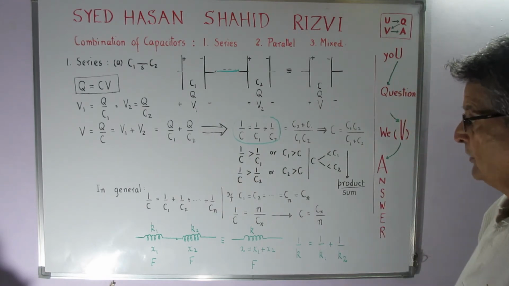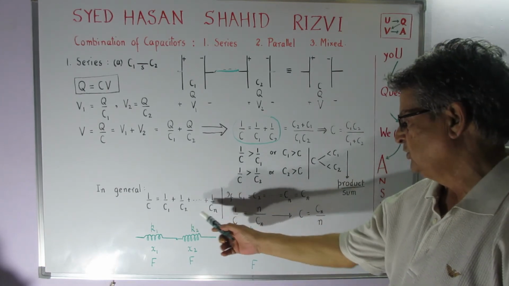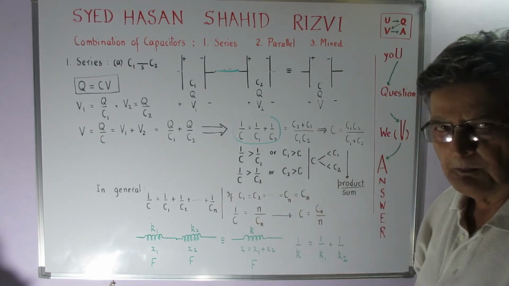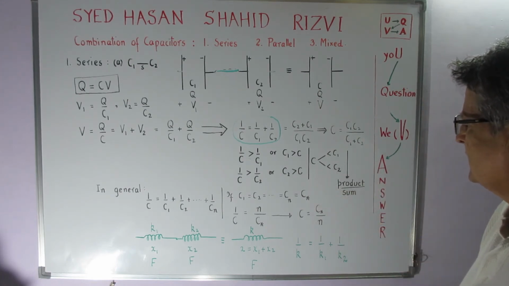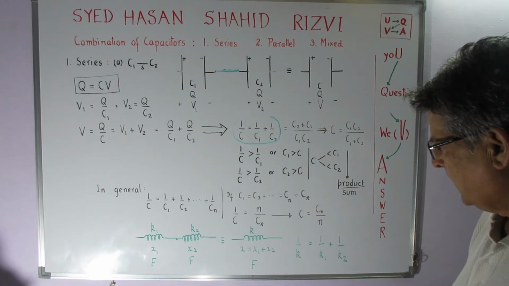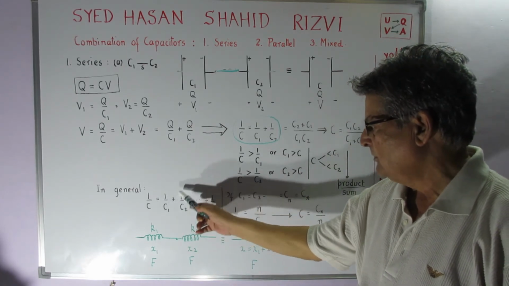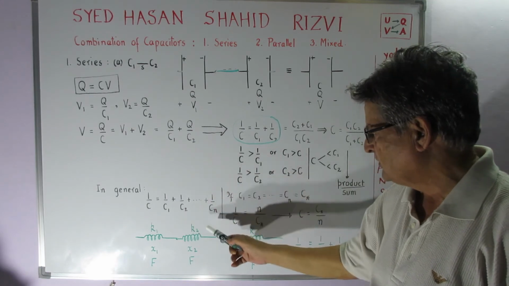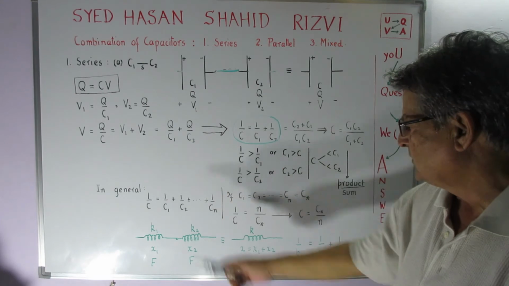Okay, now there is a case. Suppose this C1, this C2, the Cn, they are all equal, say equal to C star. Okay, then what will happen? 1 upon C will become 1 upon C star plus 1 upon C star plus 1 upon C star. How many times? n times. So this will become n upon C star.